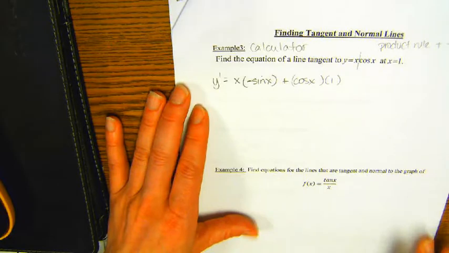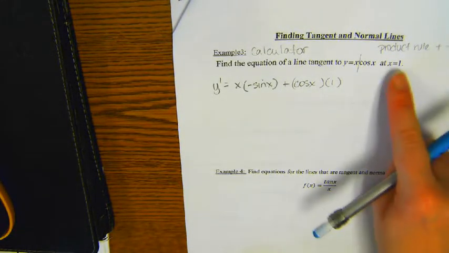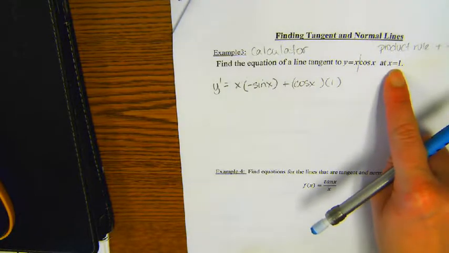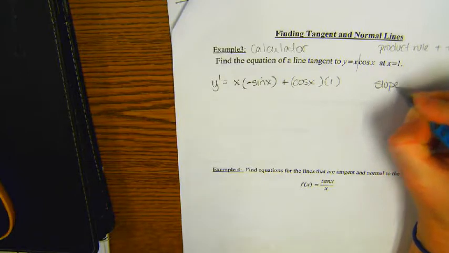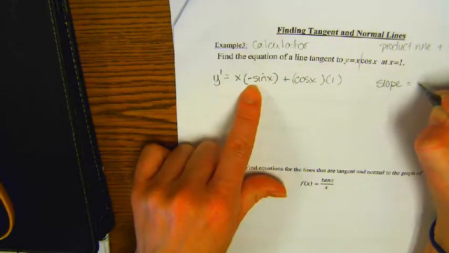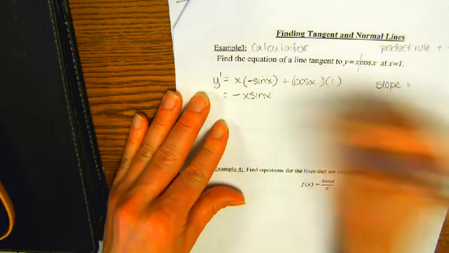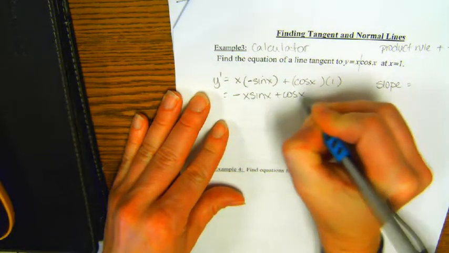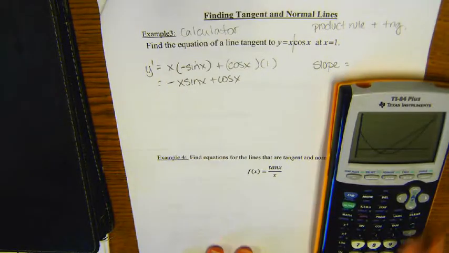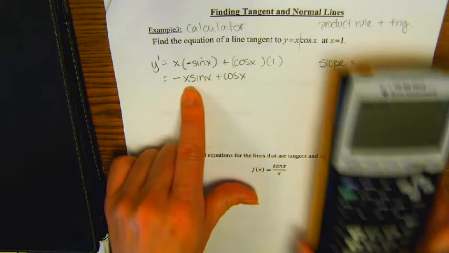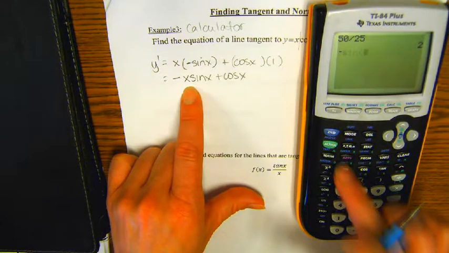Okay. Go ahead and get your calculators out a second, and let's plug 1 in, because this is going to give us then the slope of my line. So if I simplified this, by the way, that'd be negative x sine x plus cosine of x. So -1 times sine of 1 plus cosine of 1.